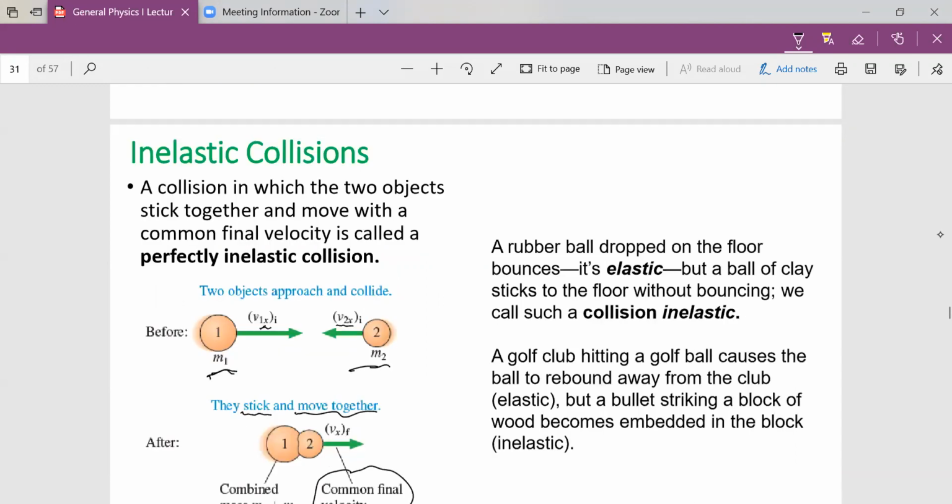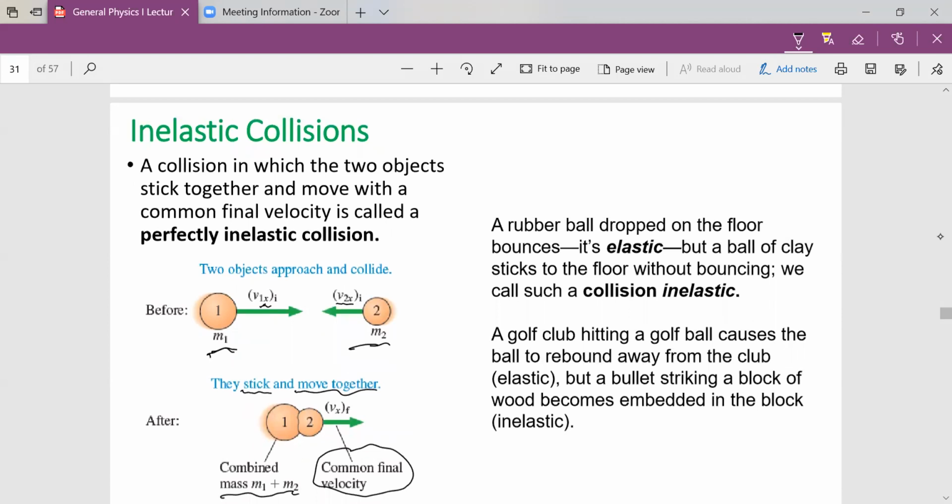We'll have some other examples, like when you throw a clay ball to the floor, you see that the clay ball does not bounce back. It does not bounce off the floor. It gets stuck to the floor. Such kind of collision is inelastic.